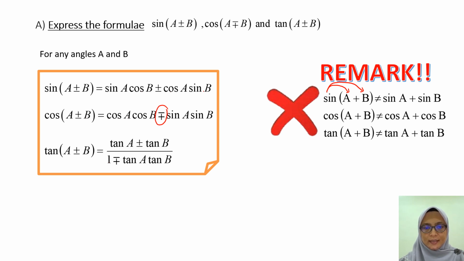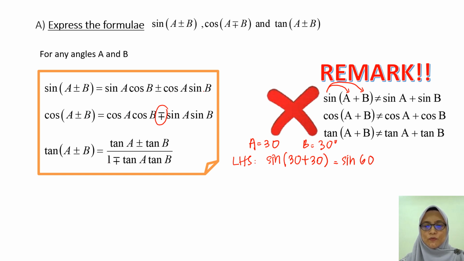So let's say A is equal to 30. So we take B also equal to 30 degrees. Okay, so from the left hand side, we have sin A plus B, sin 30 plus 30. So this one you get sin 60.